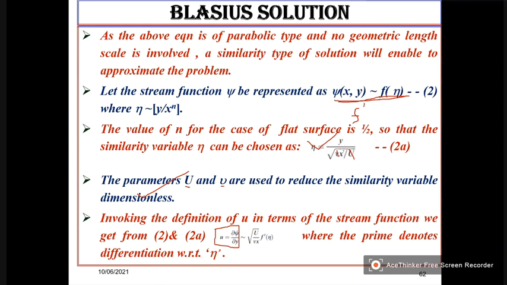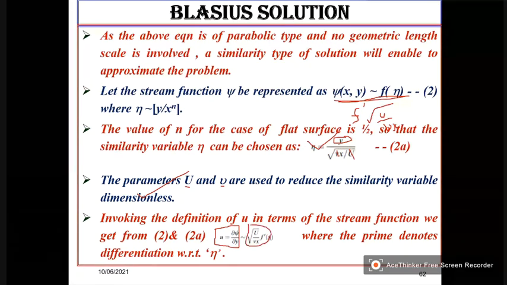But here eta is a function of y. So therefore you will get this as root u by nu x. That is how u, dou psi by dou y can be identified.